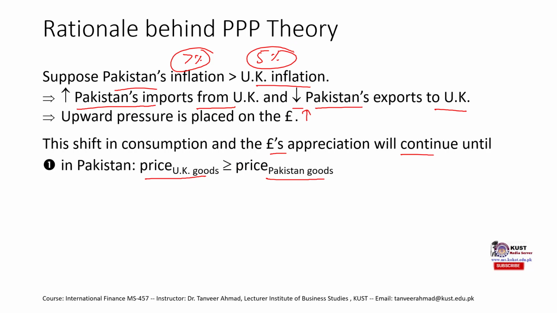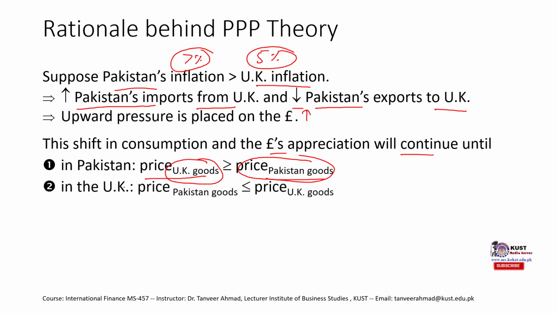So people in Pakistan would stop importing from the UK if the UK product's price is greater than the price in Pakistan, or at least equal. Or people in the UK would start importing from Pakistan if the price of Pakistani products is less than or equal to the price of UK products.